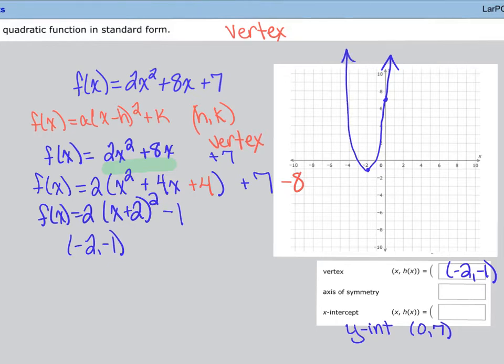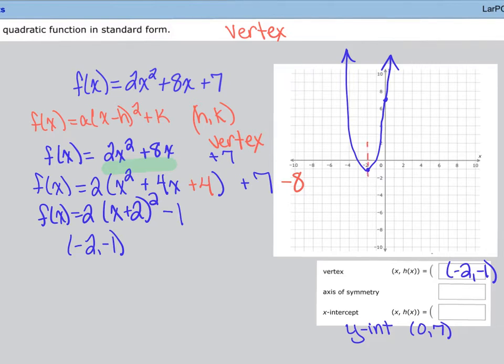Okay. Now, something that we did not talk about on Thursday was something called the axis of symmetry. So I want you to look at this line, and I am going to draw this line through my vertex.